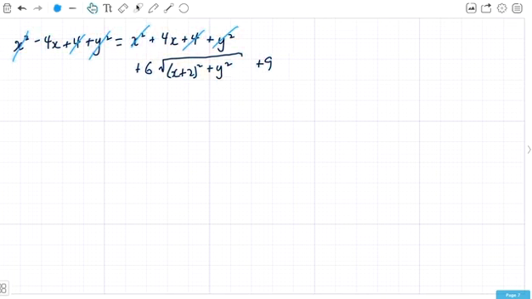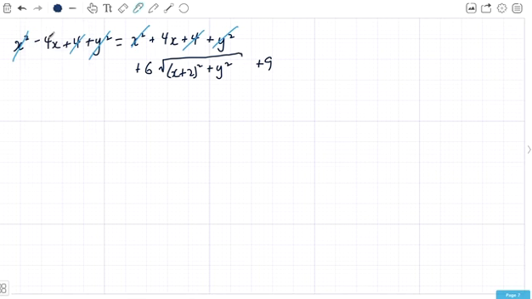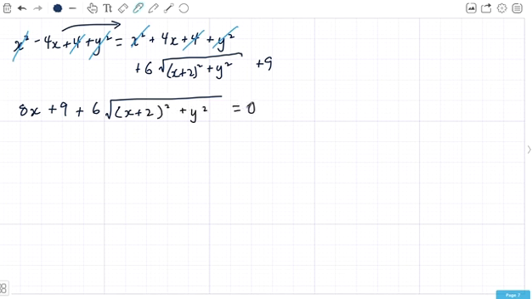So what I've got left over is negative 4x. I'm going to take all of this over to this side, so I've got 8x, plus 9, plus 6 square root of x plus 2 squared plus y squared equals 0.